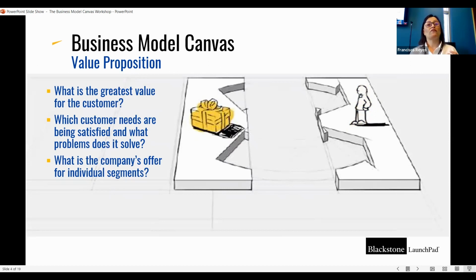Or the problem that we're trying to solve? Or if they have a pain, how we alleviate that pain. So when we're talking about pain in this sense, we're talking about any type of struggle or discomfort that a customer might have, and saying how we're alleviating that discomfort or that pain that they're experiencing.